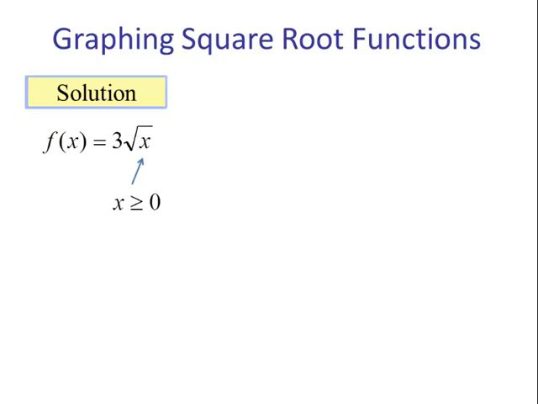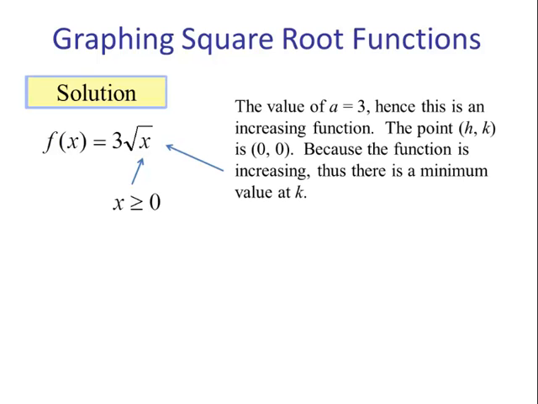A, to find the domain, we take whatever is under the radical and we set it greater than or equal to 0. So for this case, x is greater than or equal to 0. That's our domain. For the range, since the value of a is 3, that's a positive number. This is an increasing function.